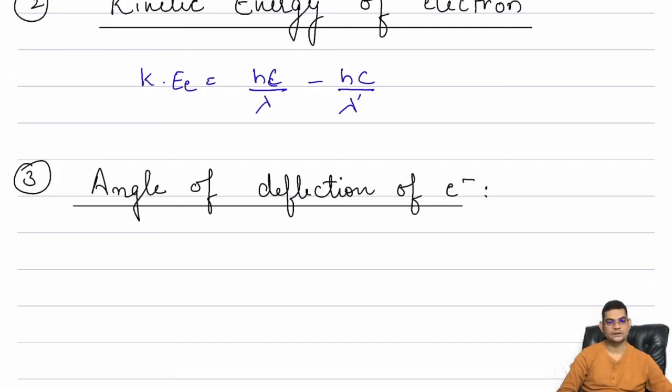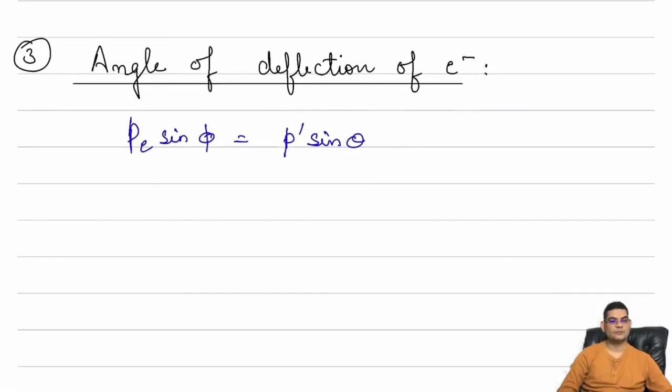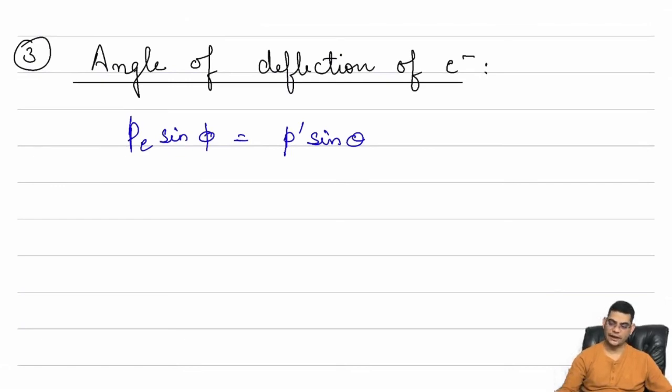So after the collision momentum in y direction must be 0. So that gives us p sin phi is equal to p dash sin theta. Similarly, if we conserve the momentum in x direction, then we can write that p cos phi is equal to p minus p dash cos theta.